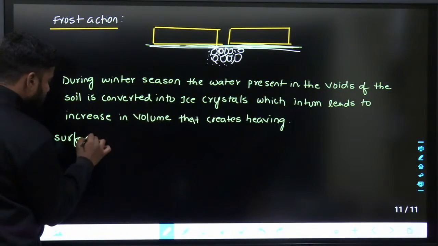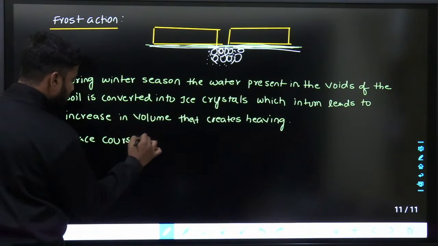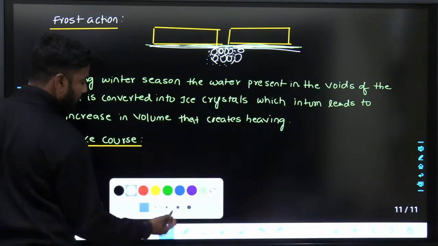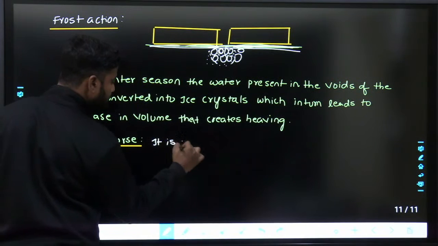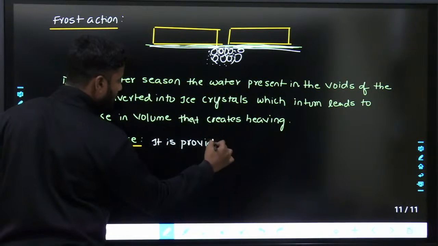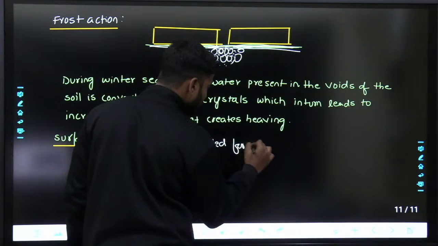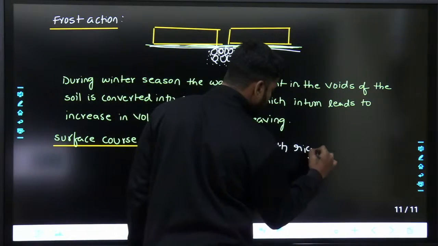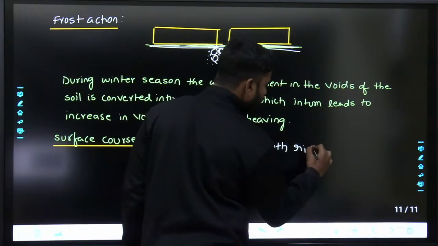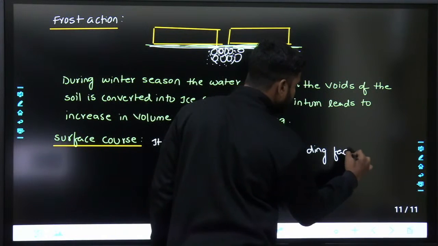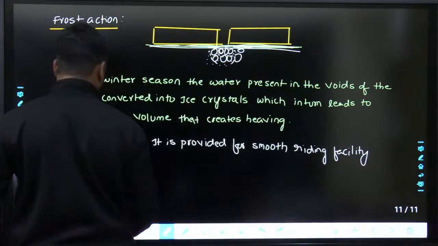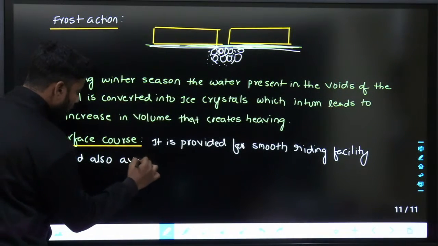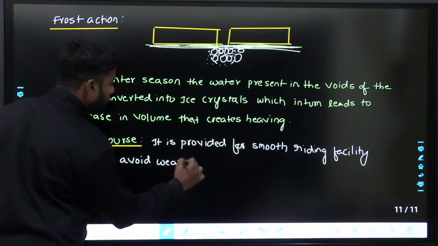Why is surface course provided? Surface course is provided for smooth riding facility and in order to avoid wear and tear.